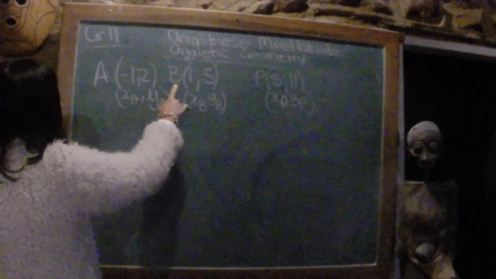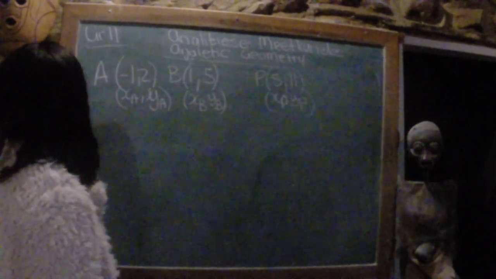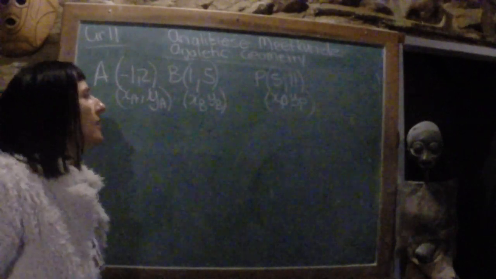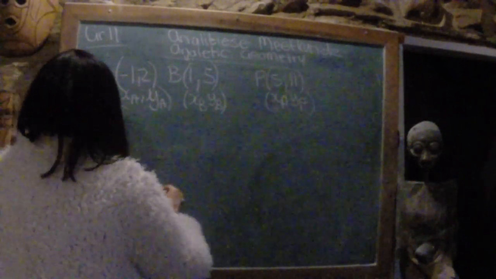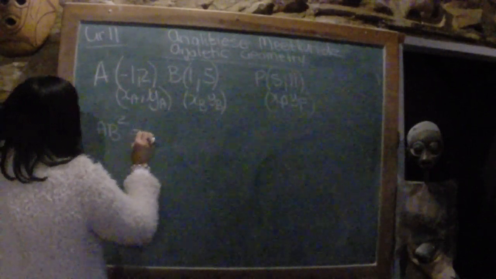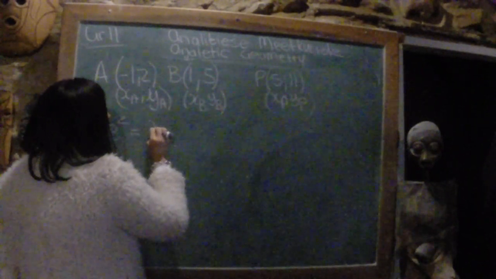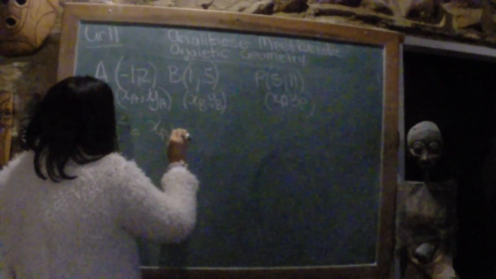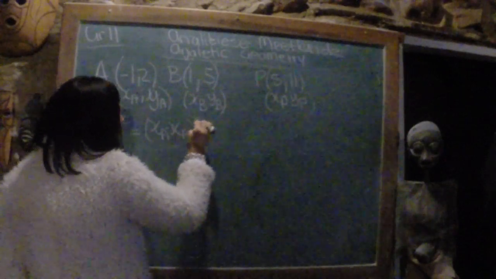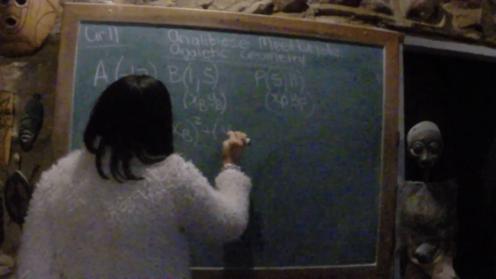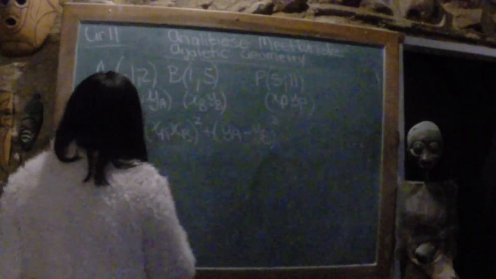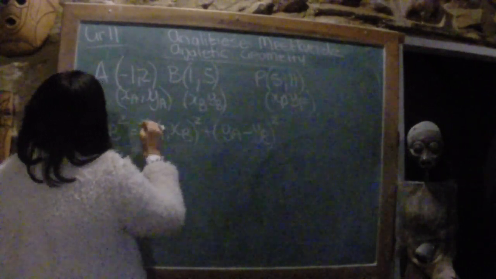Ons het 'n punt A en B en kom ons bereken gou die afstand, the midpoint and the gradient between A and B. The distance formula, AB squared equals XA minus XB squared plus YA minus YB squared. So let's do substitution quickly.